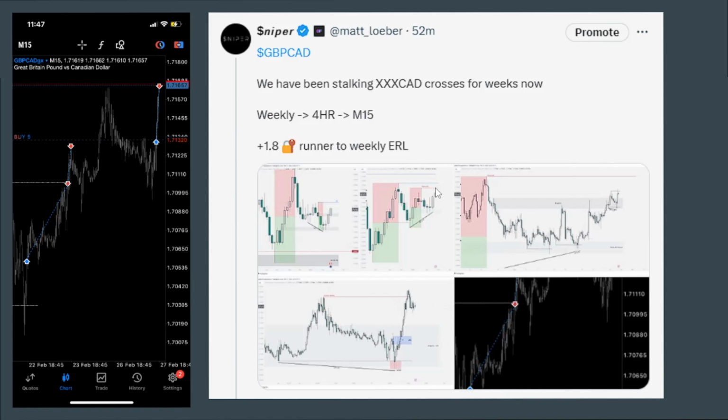But this is just, in my opinion, the most simplistic way to view price: internal and external range liquidity paired with SMT divergence and using your proper time frame alignments. And every single week I will be posting any trade breakdowns that I see with the most simplistic view of price delivery.